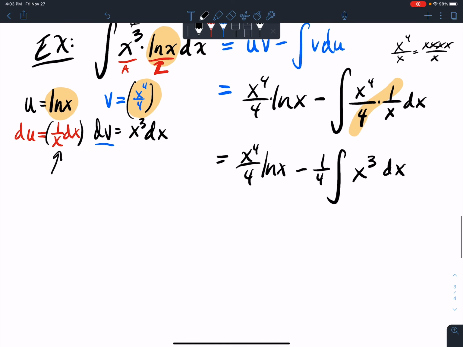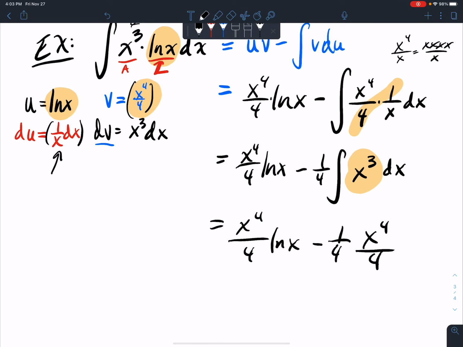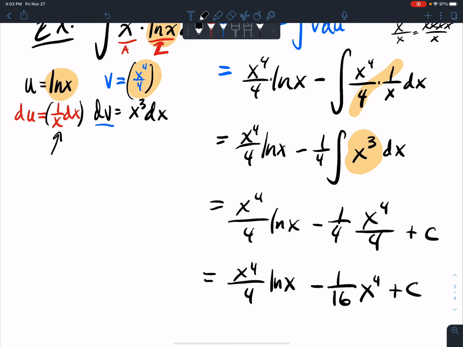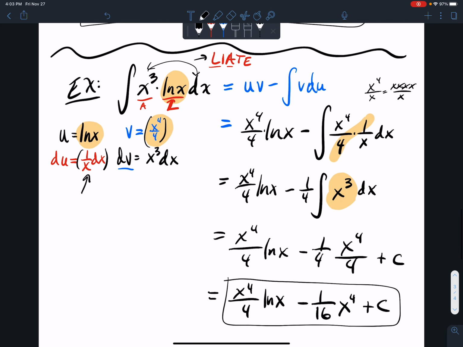And so now all I have to do is integrate x cubed. If I integrate x cubed, I get x to the 4th over 4 plus c. Simplify here: x to the 4th over 4 ln x minus 1 over 16 x to the 4th plus c. And there's my answer right there.